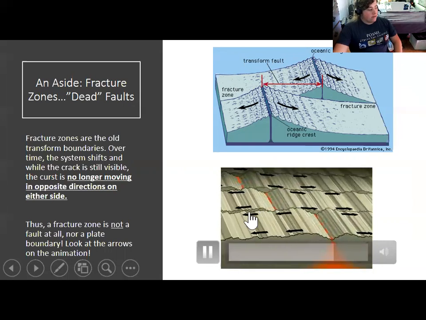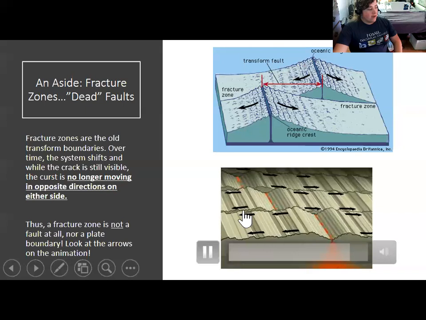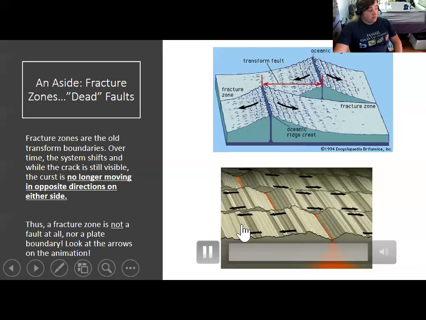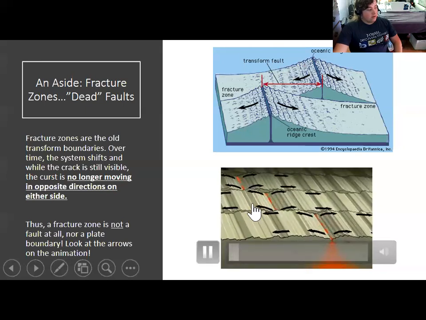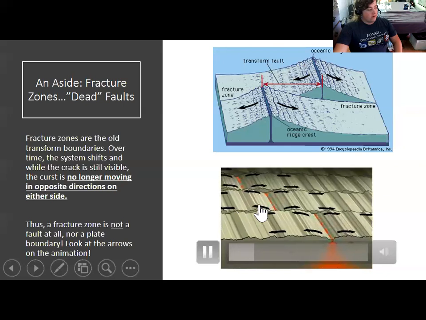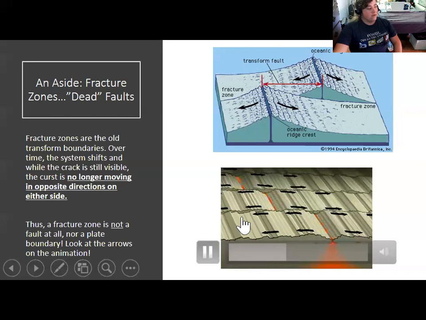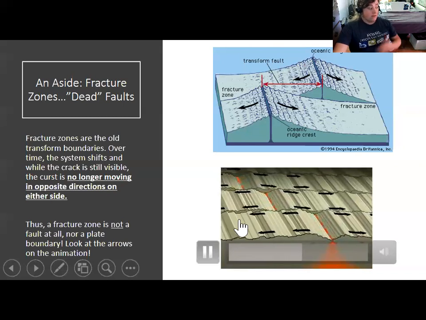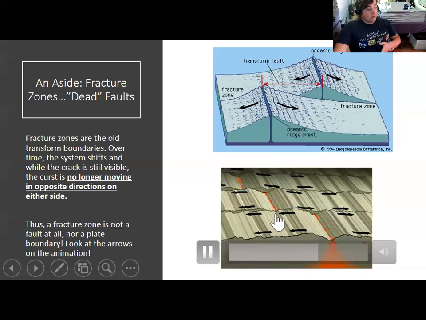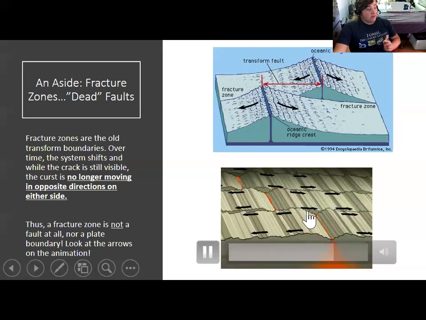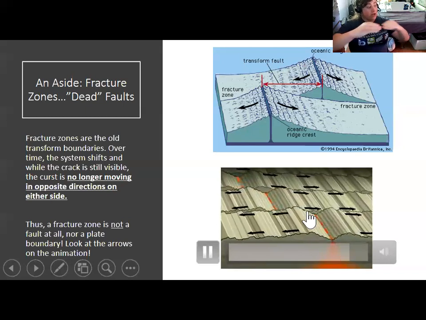The plate boundary is defined by these divergent segments and then the transform segments that connect them. Out here, there is a crack, and that's left over from the fault, but the crust on the upper side of this crack is moving to the left, and the crust on the lower side of this crack is also moving to the left. The reason this exists is because the transform fault segments that connect mid-ocean ridges will actually change size over time.